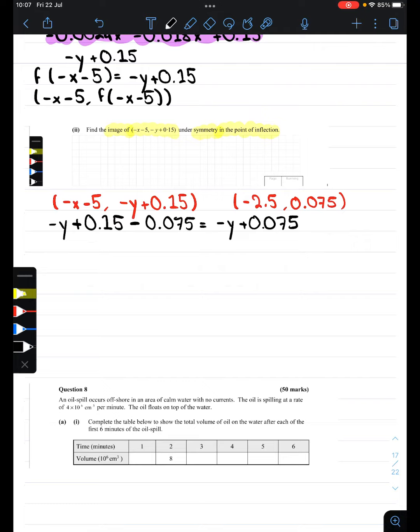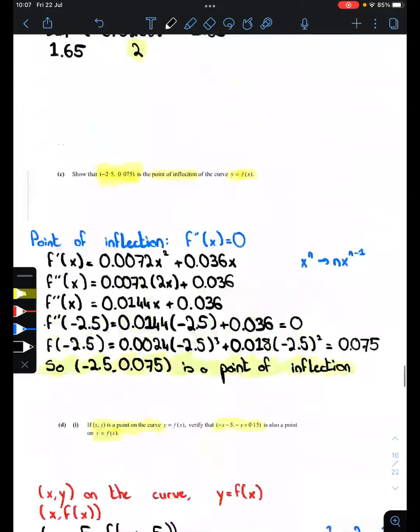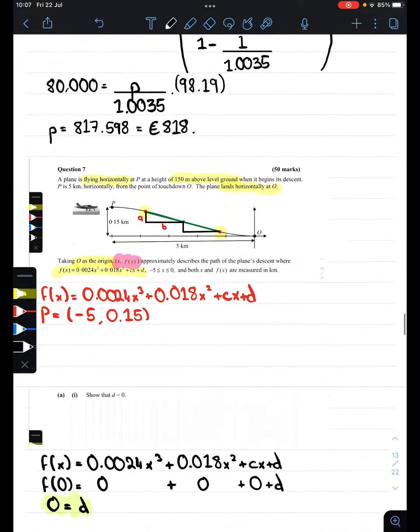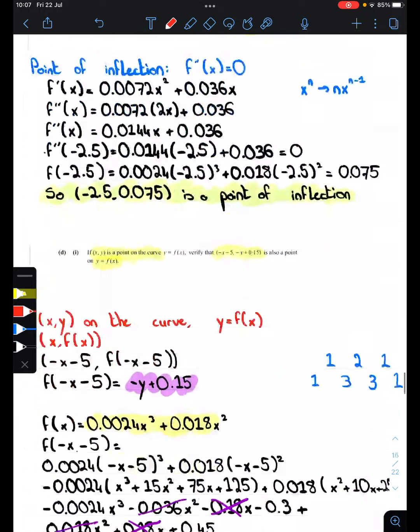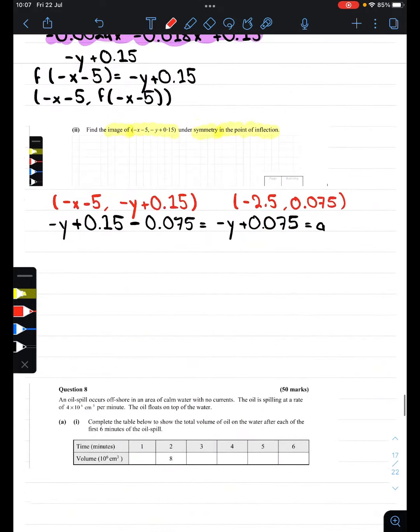So now if we want to find the y coordinate of the image under symmetry, then we just minus A again. If we look at this, we are going down A from the point of inflection. So the point of inflection is 0.075.